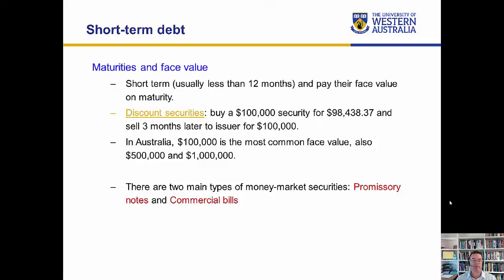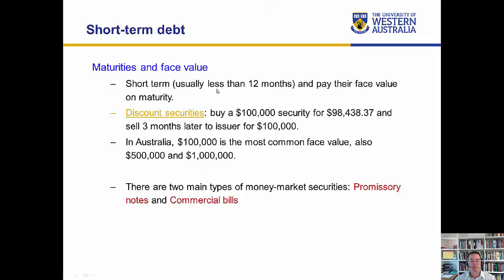Now discount securities are typically issued for 12 months or less, and let's just consider the example of a $100,000 security. Now let's just imagine that this security is also issued for just 3 months. Now that means that there would be a transfer of money from the lender to the borrower for 3 months, and at the end of the 3 months either a new security is issued or the debt is repaid.